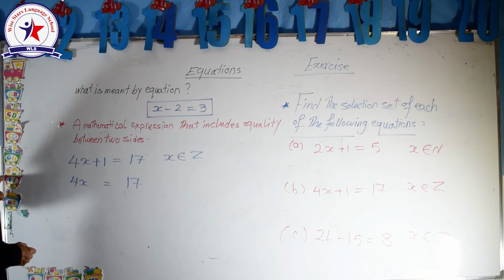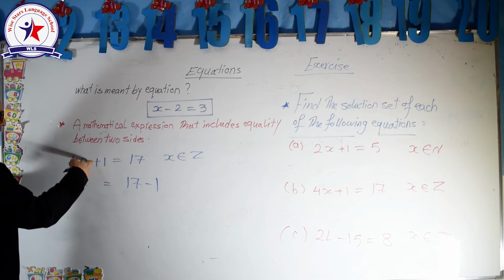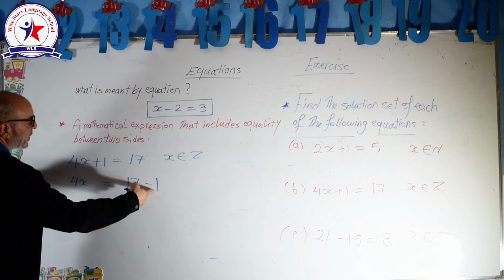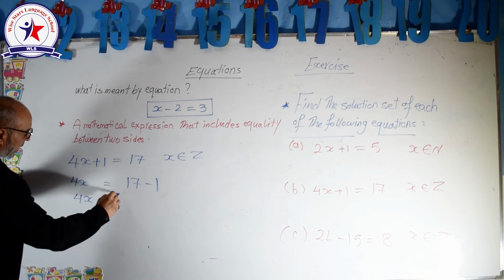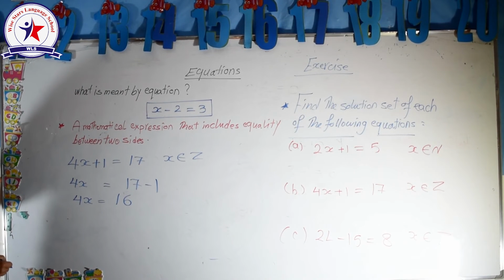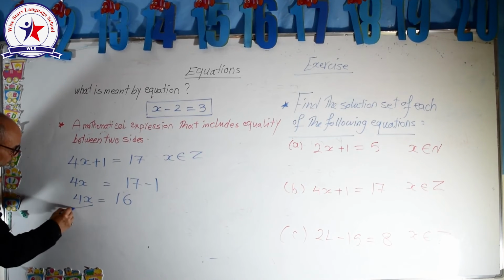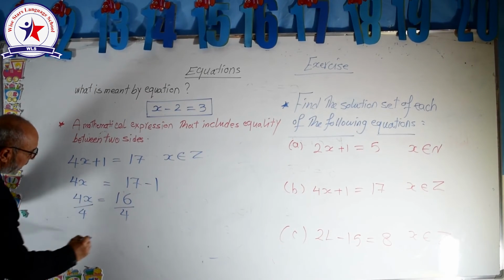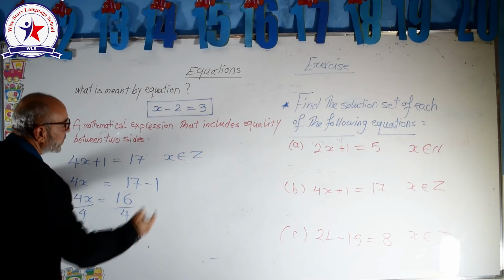Is it plus 1 or minus 1? Yes, it is minus 1, because the additive inverse of plus 1 is minus 1. Now 4x equals 16. So what is the next step? Yes, divide both sides by 4. Now we have x equals 4, and x belongs to Z.